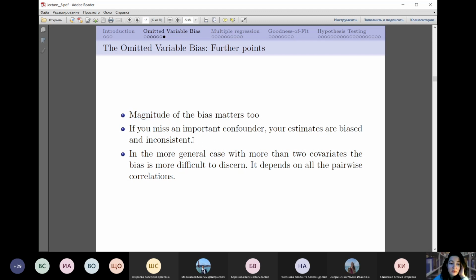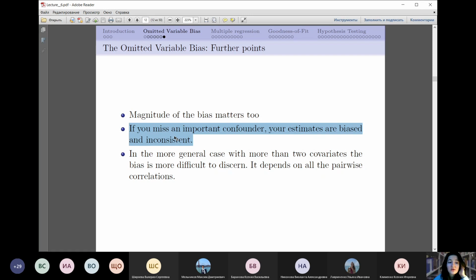And this is a real problem because if you remember one of the main assumptions of the ordinary least squares method, it is that your error term should be uncorrelated with the independent variable or independent variables in your model. Because of this, you should avoid omitted variable bias.